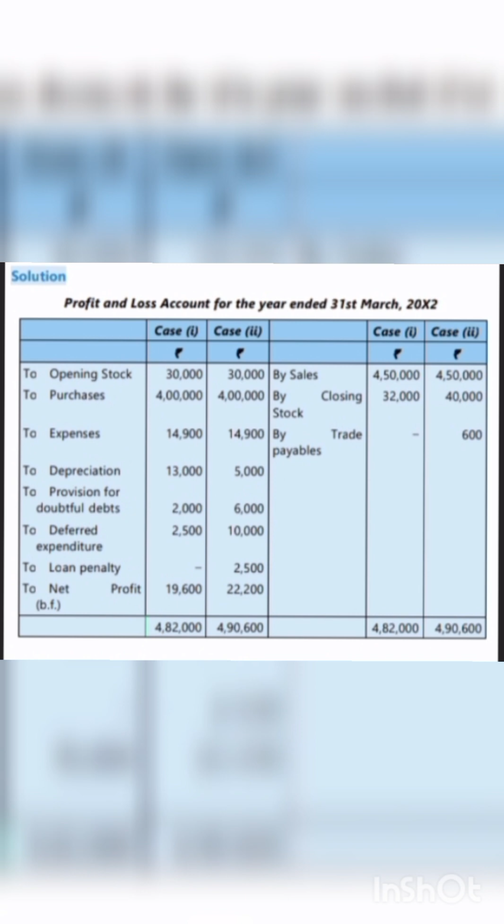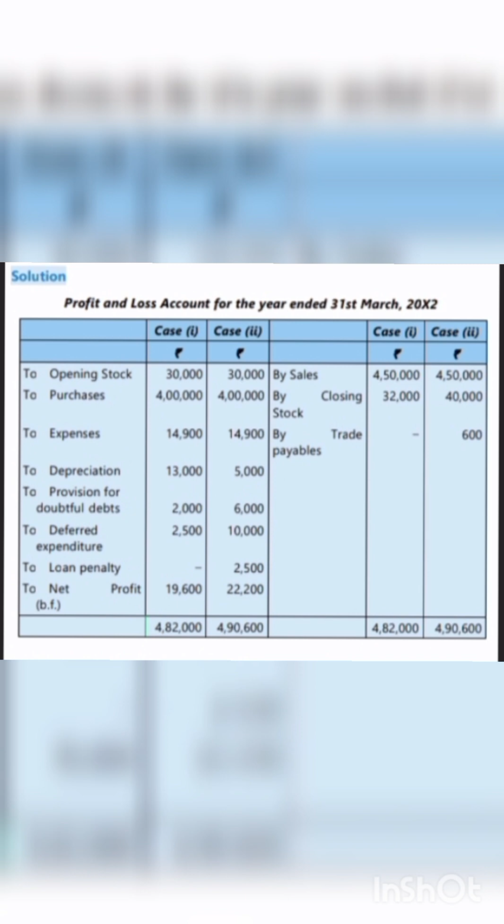And in the income column by closing stock, in going concern it is 32,000 and in not going concern it is rupees 40,000. You can get it from additional information point C.